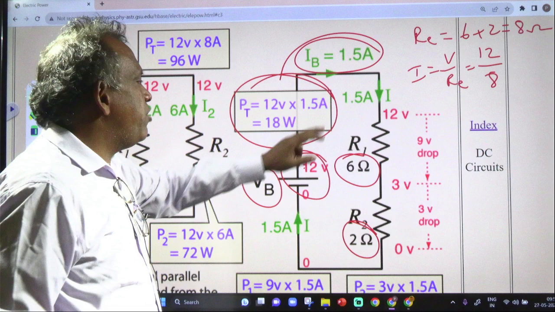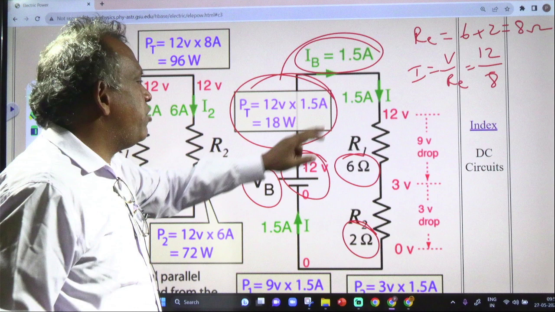If you try to calculate the voltage drop across this, how can you find it out? See this 9 volt drop, how did you get it? Voltage across the first resistance is current into R1, IR1, because the same current travels through the circuit in series.